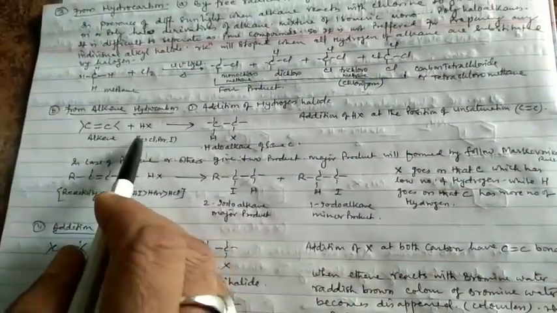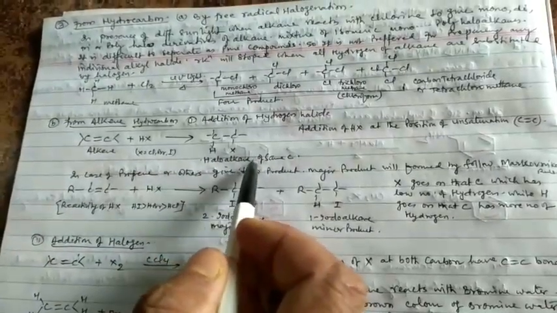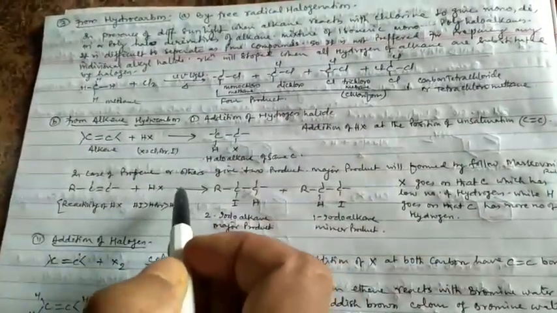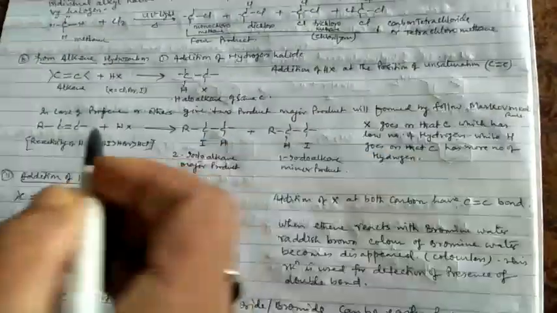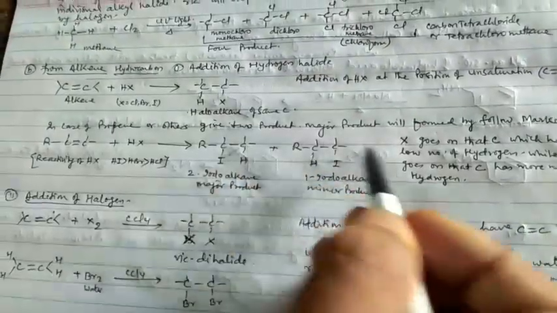Ethene, when it reacts with HCl, forms chloroethane. But in the case of propene, the addition of HX follows Markovnikov's rule.